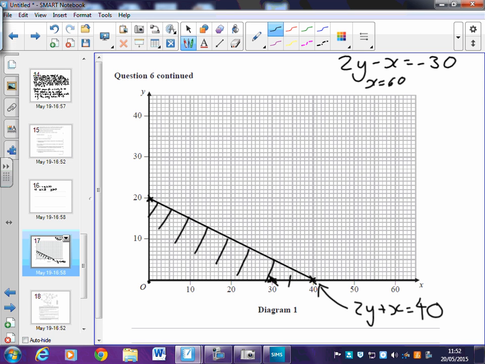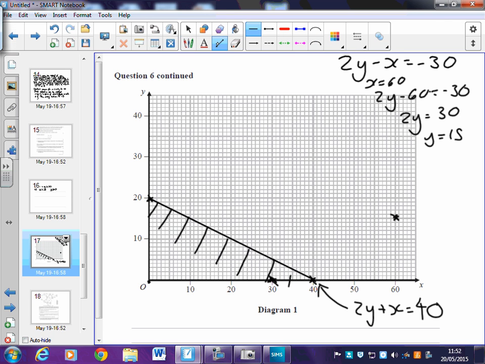That gives 2y minus 60 equals minus 30, so take minus 60 across, 2y equals 30, y is equal to 15. So I can find the point 60, 15, which is over there. Once you've got that, ruler, straight line, draw it so that it looks like that.